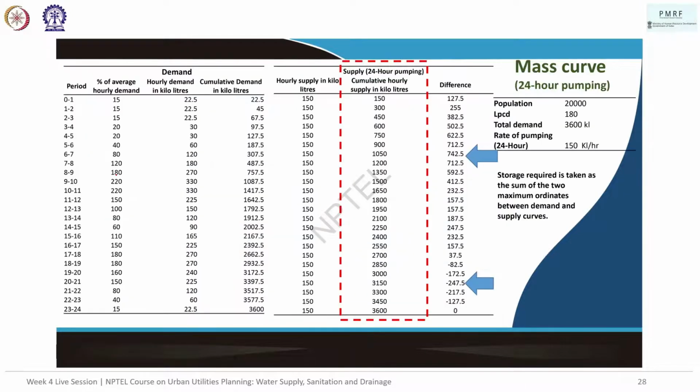And Sir had worked out a problem where a population was given, the LPCD is given, and we calculate the hourly supply, and the hourly demand is given in terms of percentage. So this is what is explained in the class.